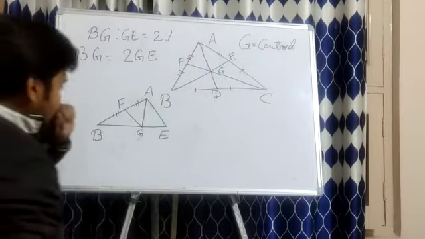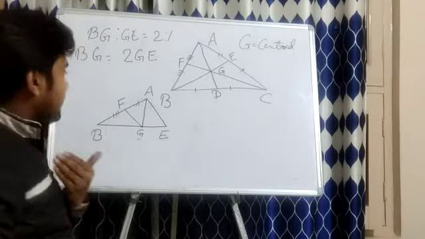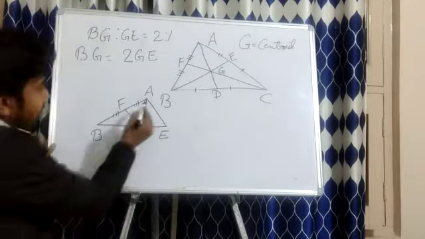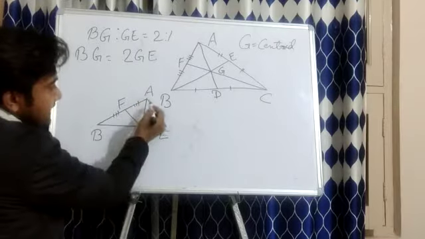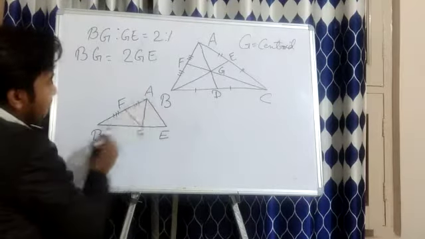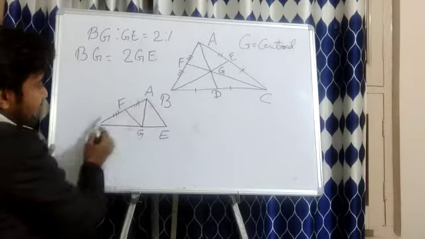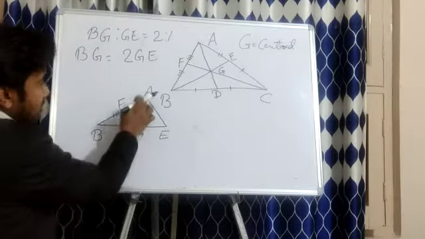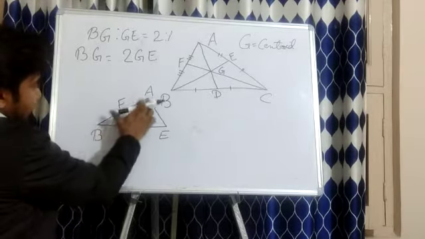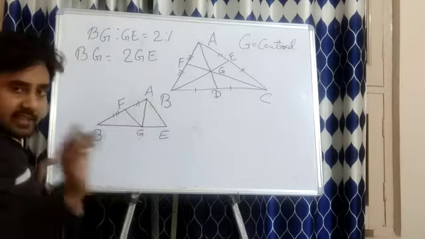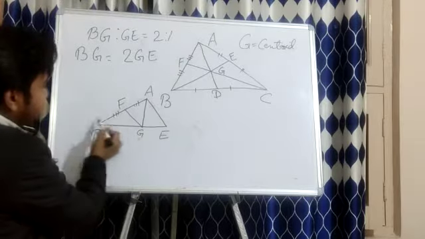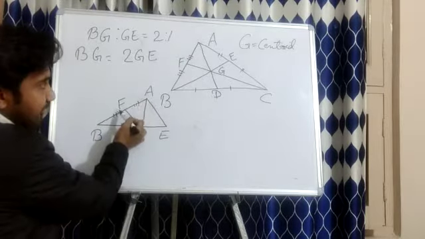Now from the last video, we know that the area of triangle AGE is half of the area of triangle ABG. Why? Because triangle ABG consists of two smaller triangles, FBG and AGF.